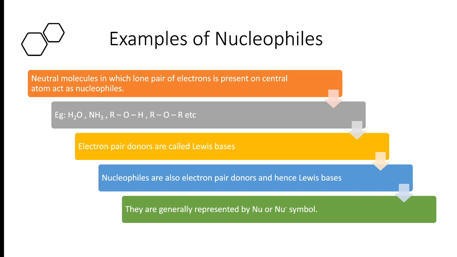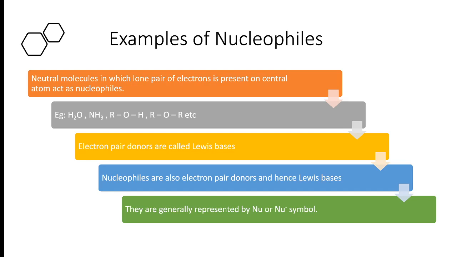Next, generally we know that electron pair donors are called Lewis bases. Therefore, nucleophiles are also electron pair donors and hence they are called Lewis bases. We just now studied that electrophiles are Lewis acids, because Lewis acids are the substances which accept electrons or electron pairs.